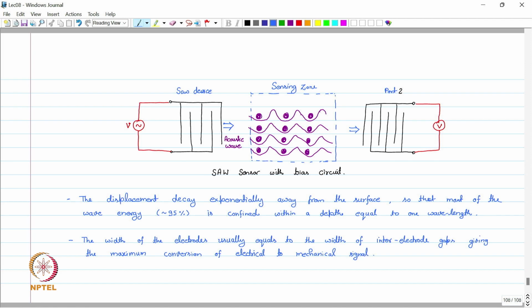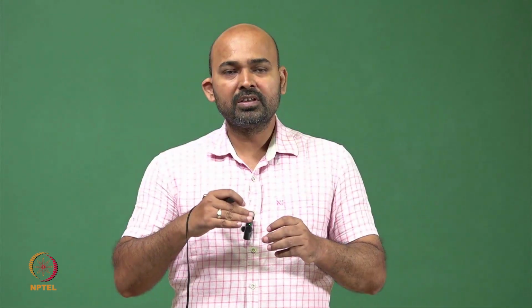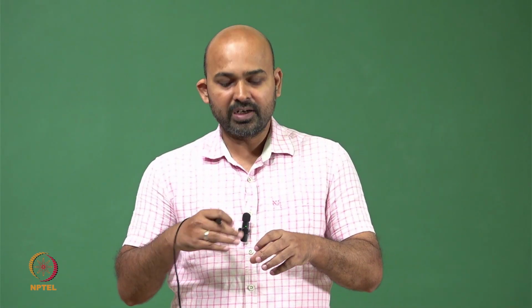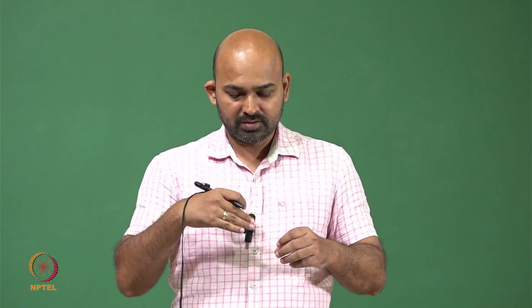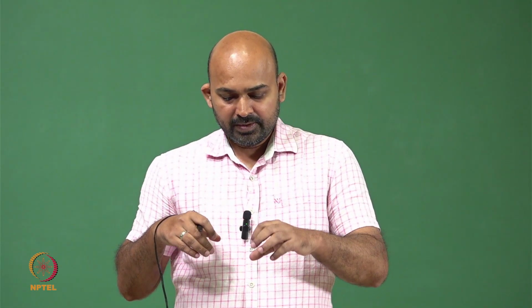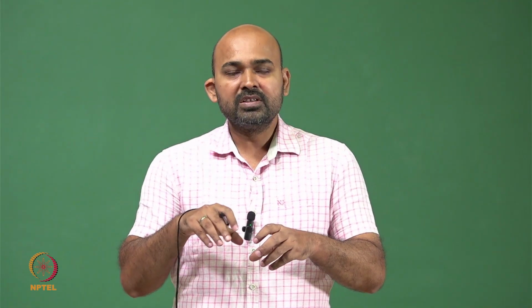So here we have this SAW sensor. IDT1 converts the electrical signal into acoustic wave. According to this acoustic wave, the atoms of piezoelectric material oscillate up and down, and this happens in the sensing zone.